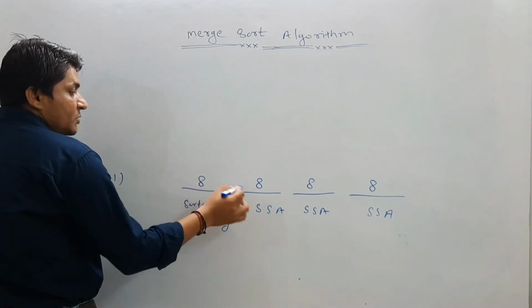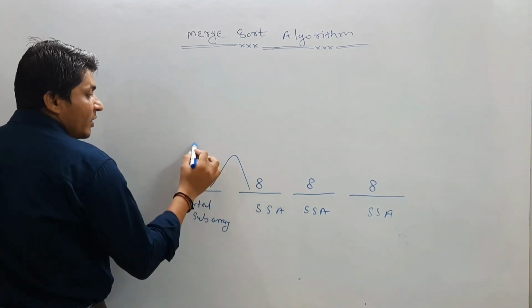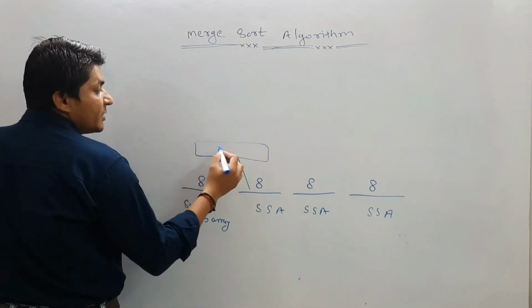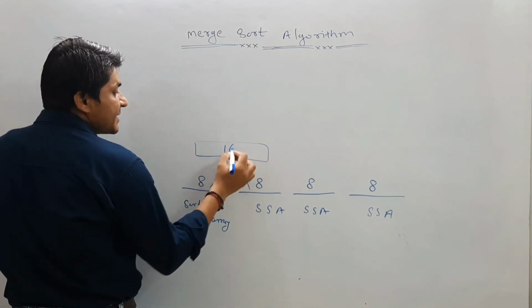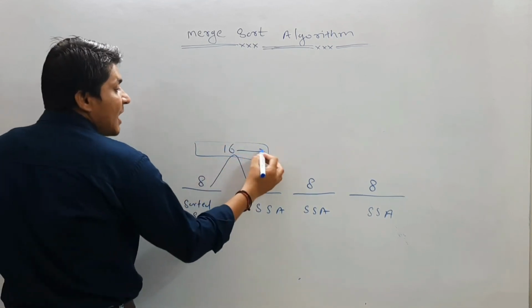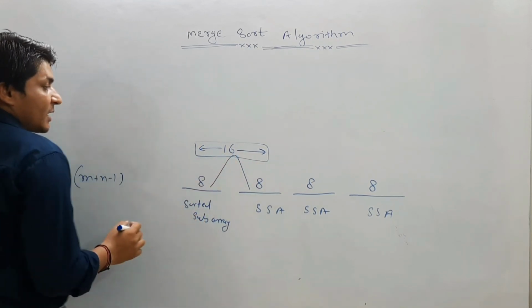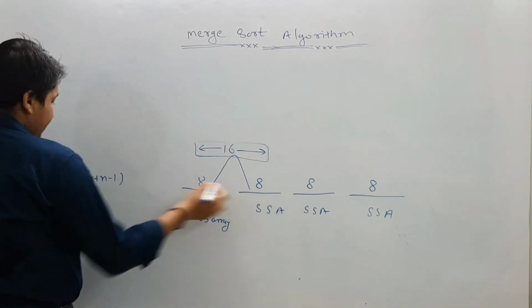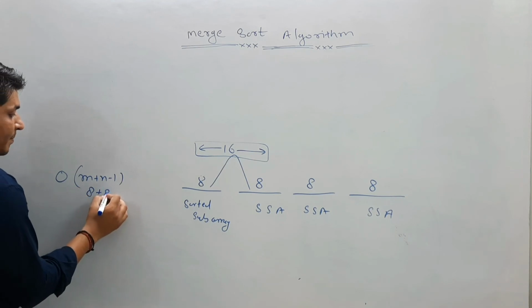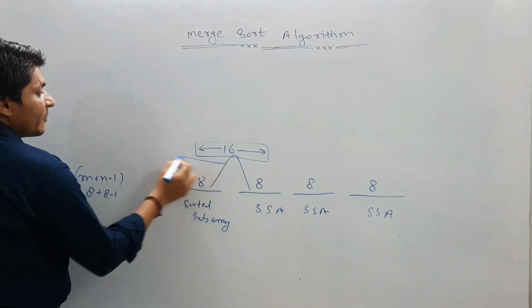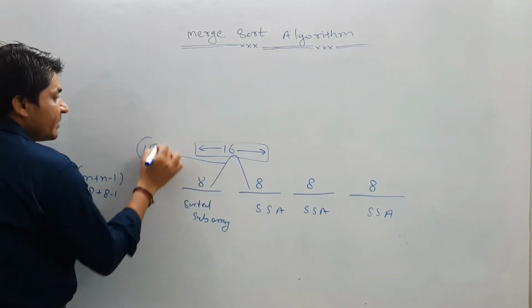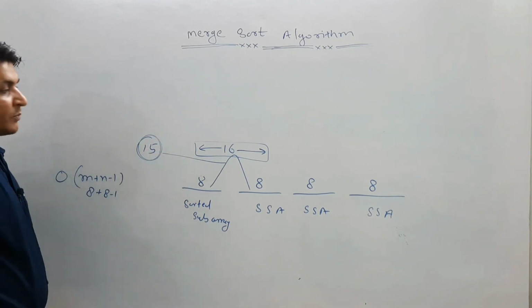Now if you merge these two sorted subarrays, the size of the array is going to be 16, meaning 16 elements, but how many comparisons? It will take 8 plus 8 minus 1, so only 15 comparisons at maximum.